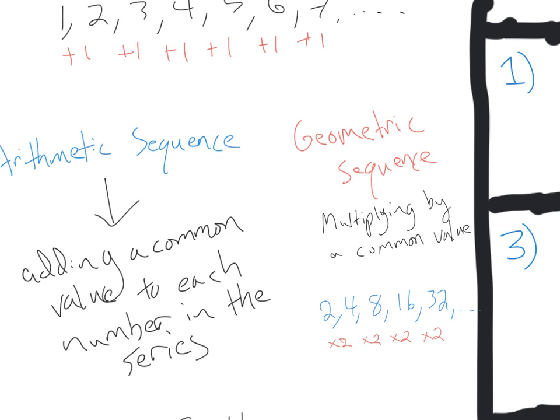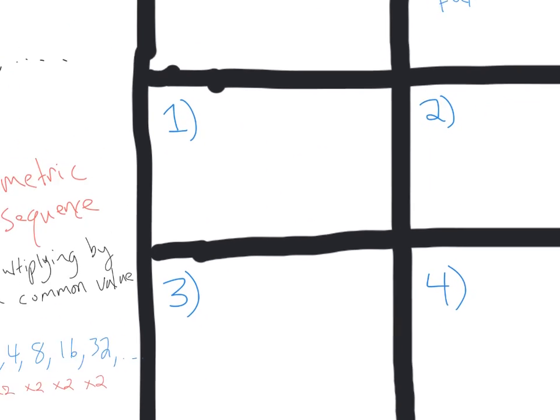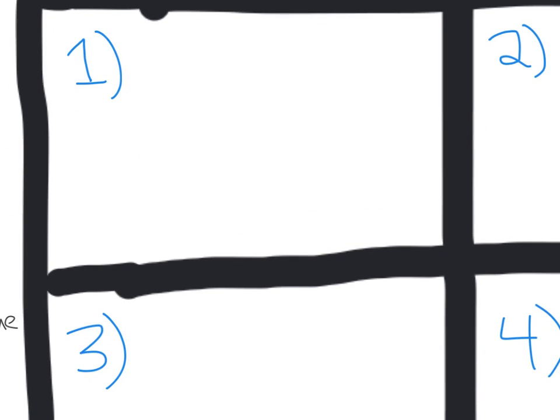Let's go ahead and take a quick look at some of the problems from your homework assignment. Number 1. Use words and symbols to describe the value of each term as a function of its position, then find the value of the 12th term in the sequence. So here we've got this pattern happening.